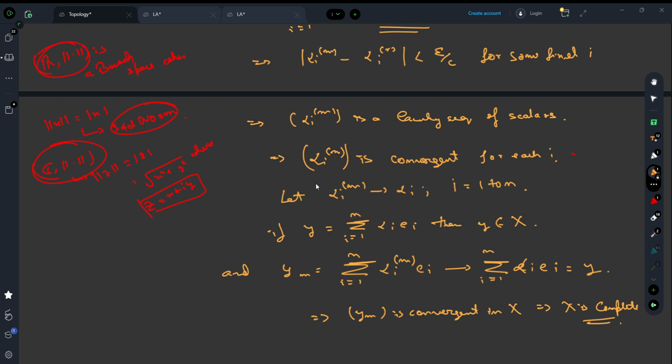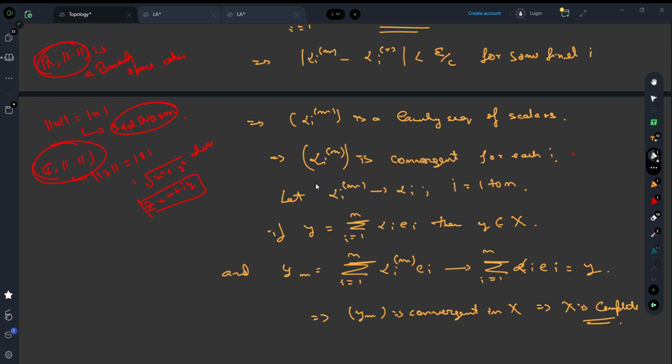Okay. So in this lecture, we discussed two important properties of finite dimensional spaces. In the next lecture, we will study some important characterizations of finite dimensional normed linear spaces. For example, in a finite dimensional normed linear space, a subset is compact if and only if it's closed and bounded.